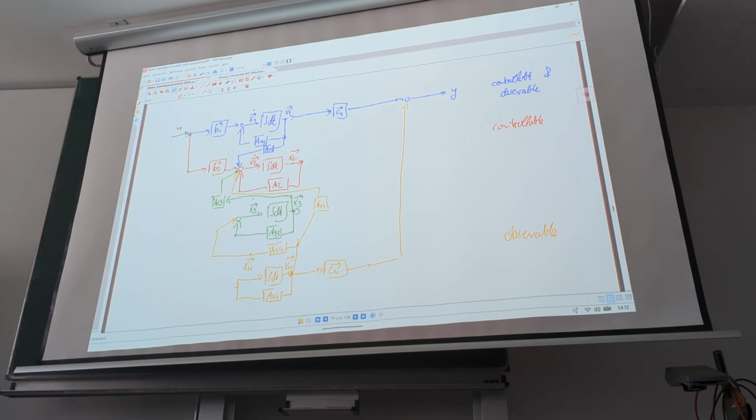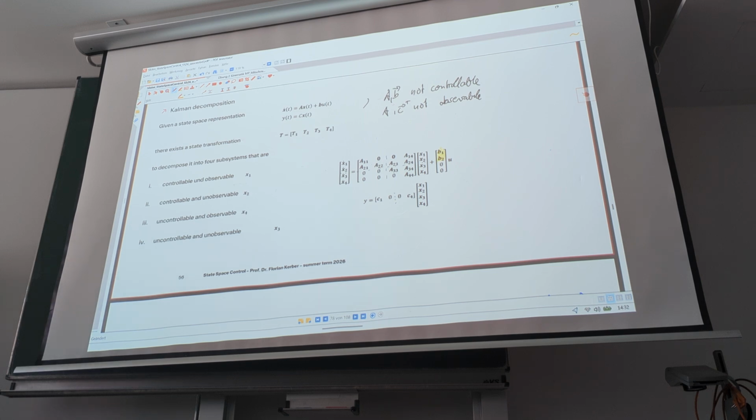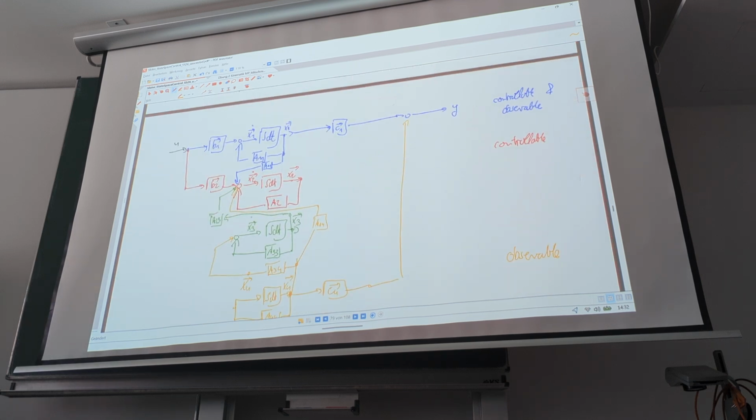We need, of course, at least a 4-dimensional state space so that we can neatly partition it like that. And there is also a constructive way of setting up this transformation, right? So this T1, T2, T3, T4 can be constructed from the known controllability and observability properties. Okay? So that's something that we can do.